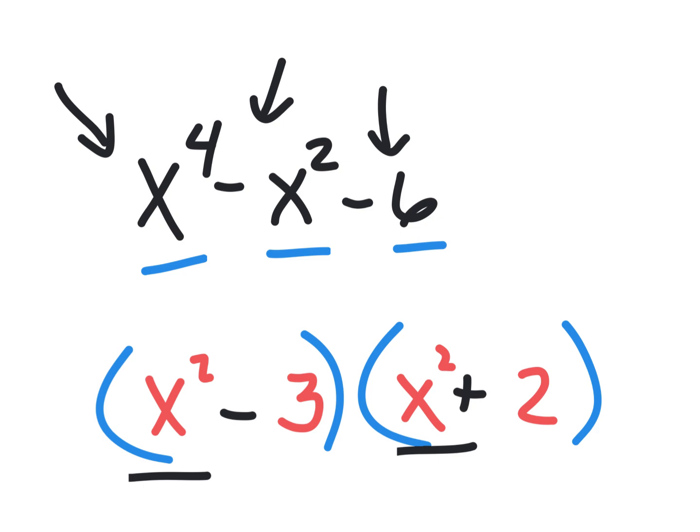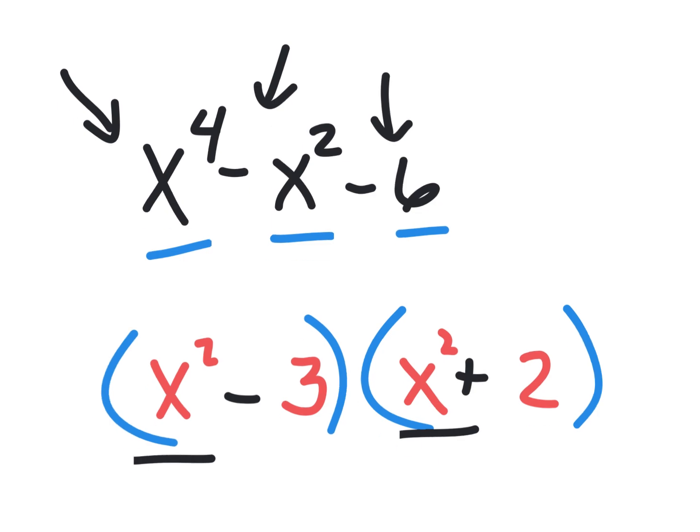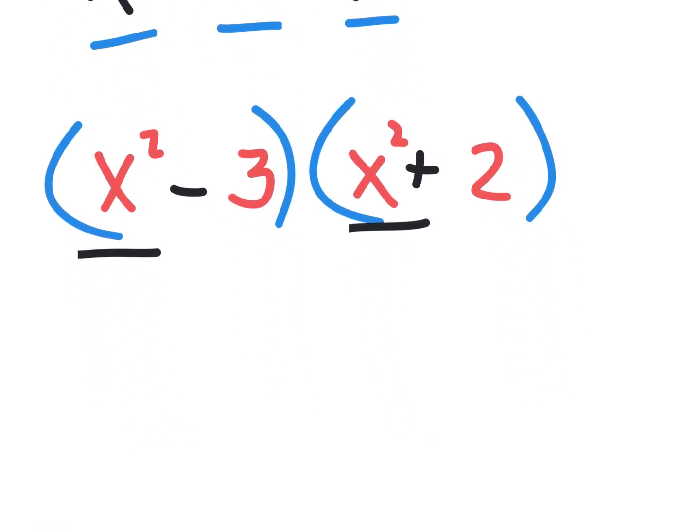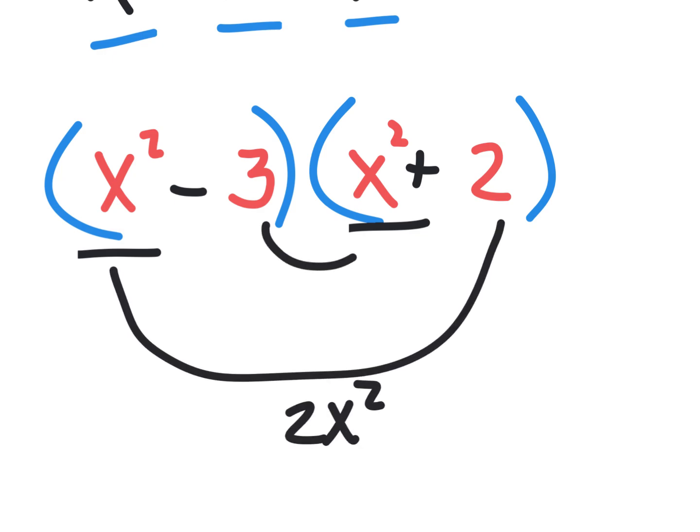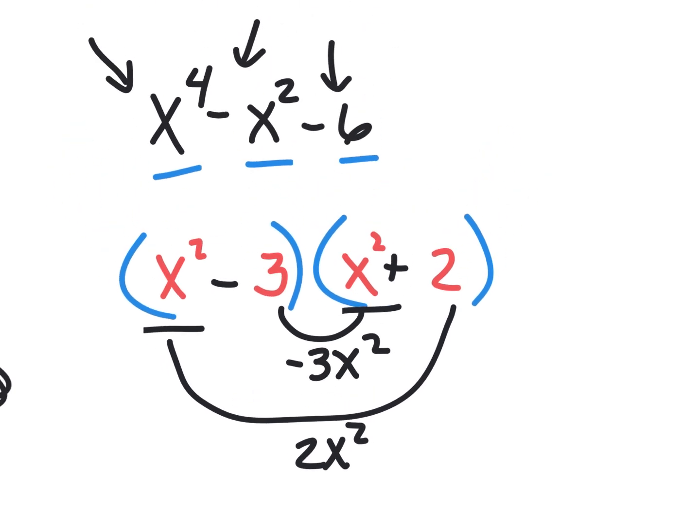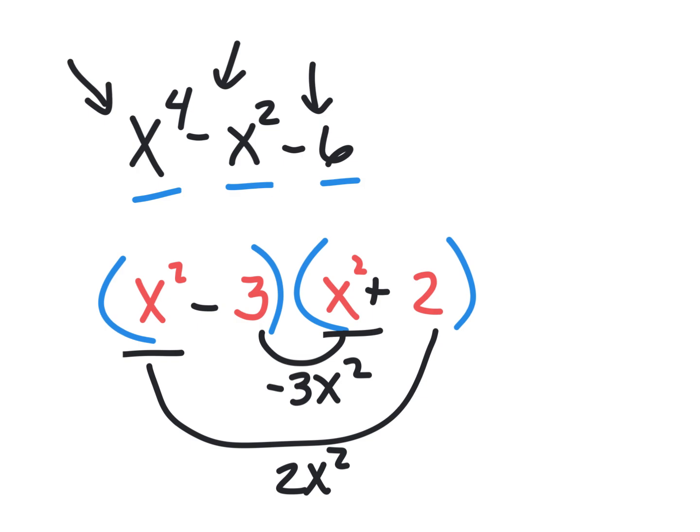Yes? You've got to switch the signs because... Wait. First, tell me what you get if you don't switch the signs. It'd be positive x squared. There's 2x squared for this, and there's minus 3x squared for that, and together those make negative x squared. Don't they?